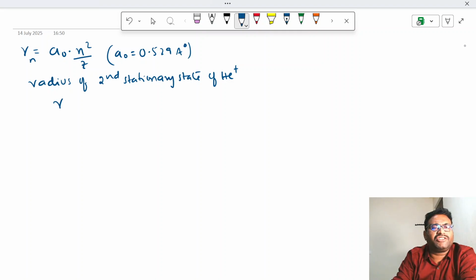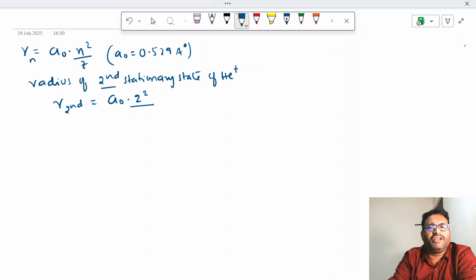Radius of second state is equal to a naught into n square by Z, so n is equal to 2. So 2 square by Z. What is the atomic number of helium? Helium atomic number is equal to 2. So by 2, 2 cancel. So 2 a naught.